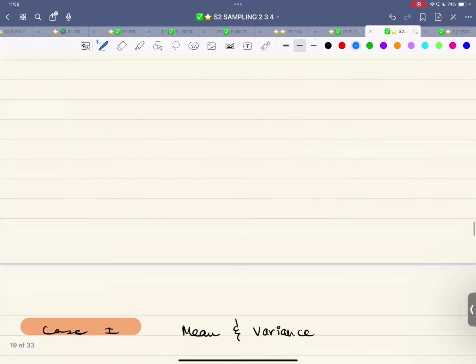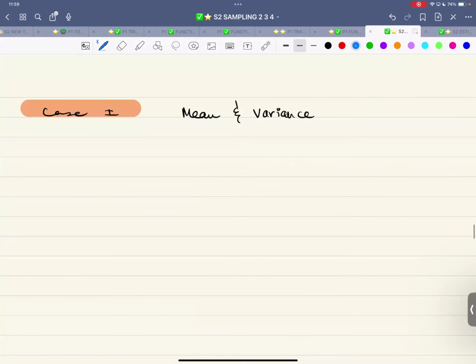Now, for example, there are 6 cases in which I have divided this thing. Case 1, in which mean and variance is given. So let's say the mean is given, the variance is given, and the sample size is 30.